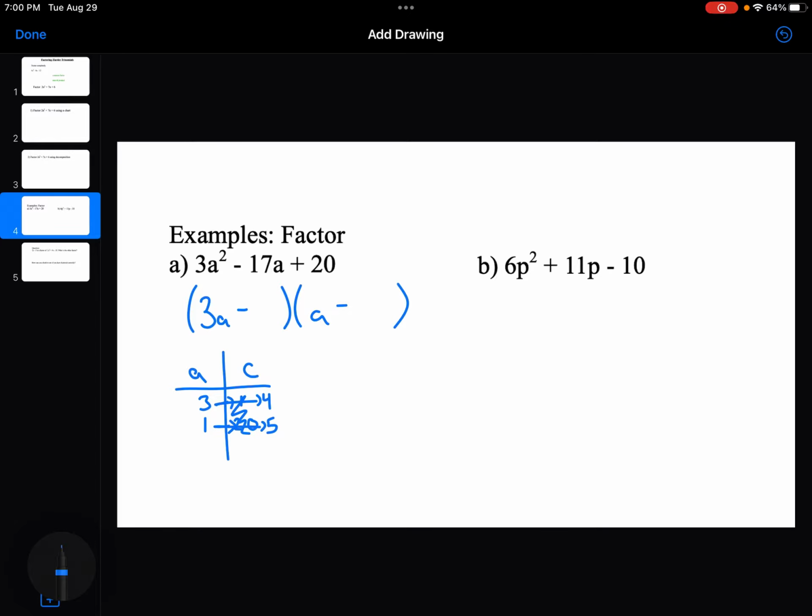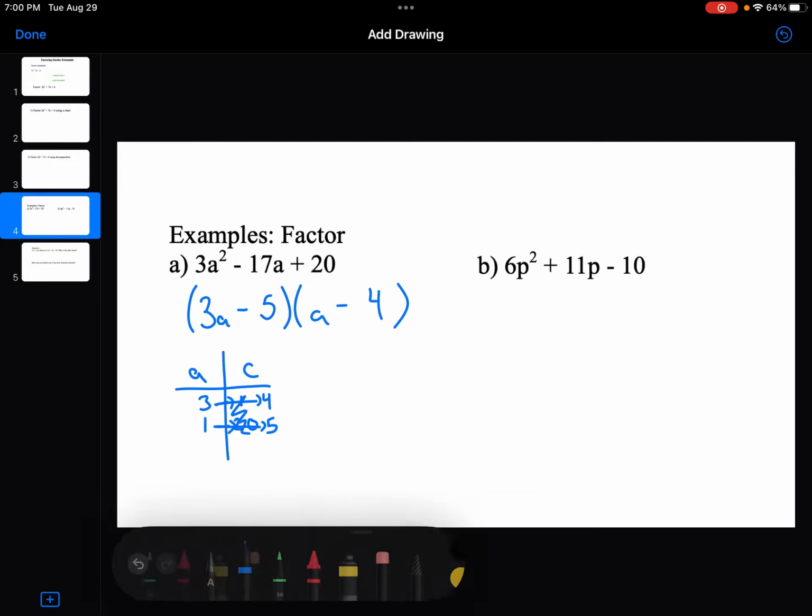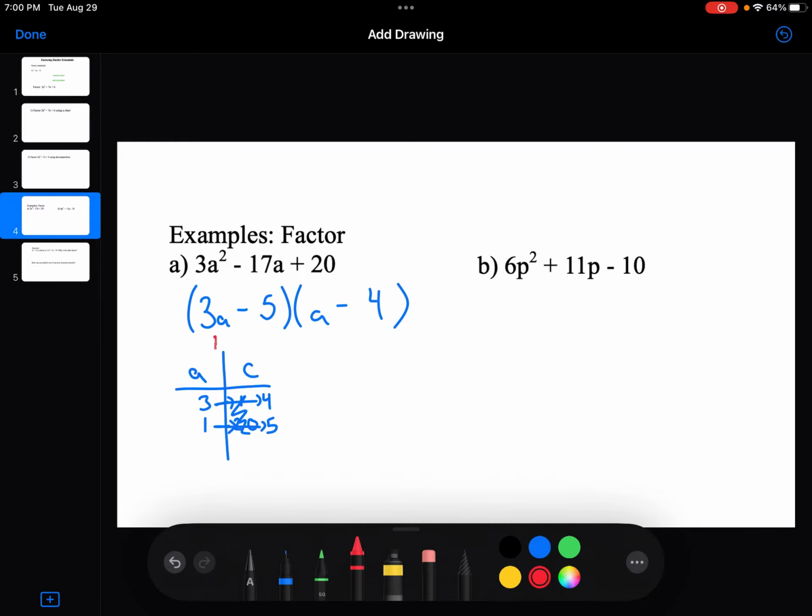I know I need to multiply my 3 times 4, so I'm going to put them in opposite brackets. 1 times 5, they go in opposite brackets. And if I look, I'm going to have 3 and 4. That would be 12. Move my fingers in. Move this one in. So I would visualize this by actually putting my fingers on the page. Negative 12 plus negative 5 gives me negative 17, so I know I'm correct.